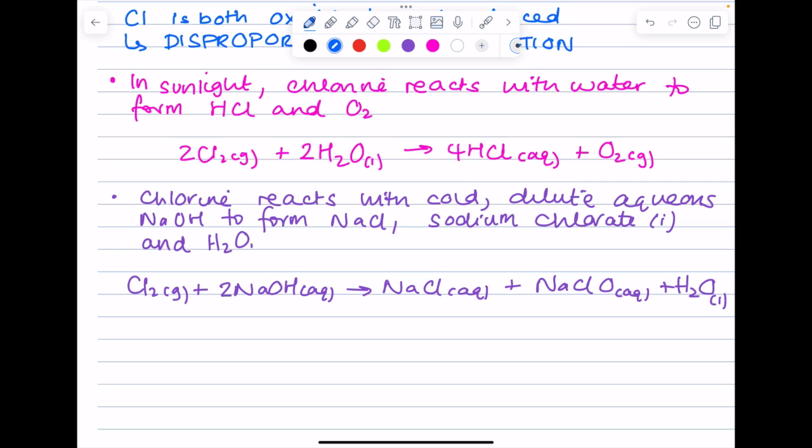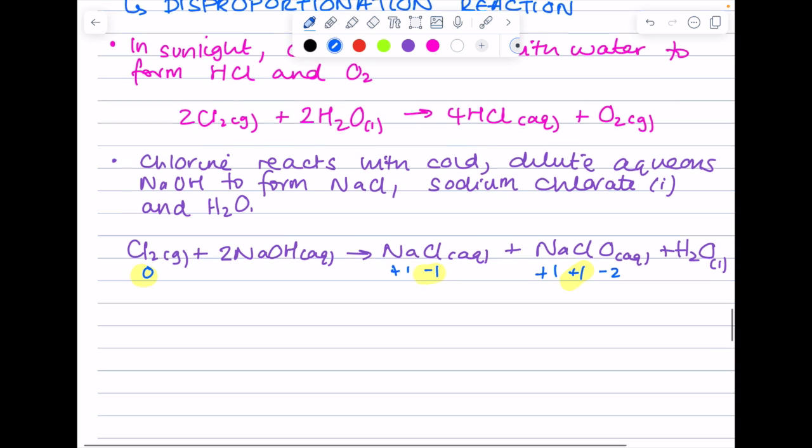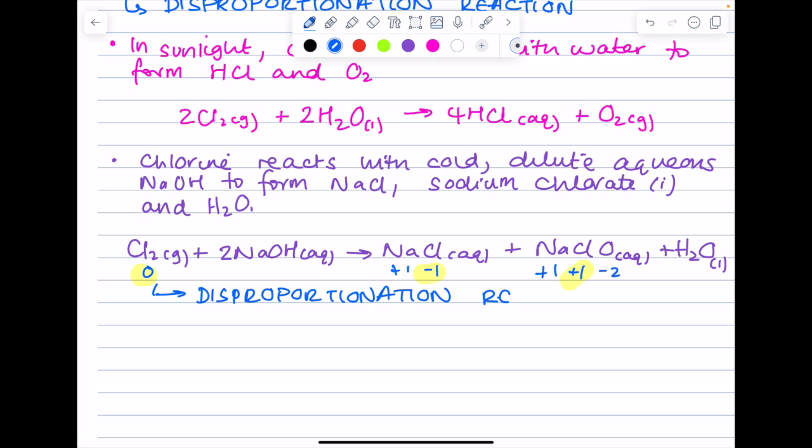Check our oxidation states again. Chlorine goes from 0 to -1 over here and +1 over here. So it's another example of a disproportionation reaction because it's being both oxidized and reduced. And this sodium chlorate here is another active ingredient in bleach.